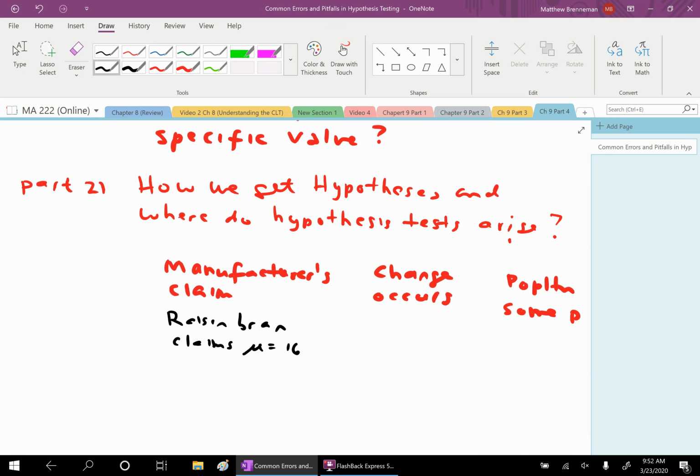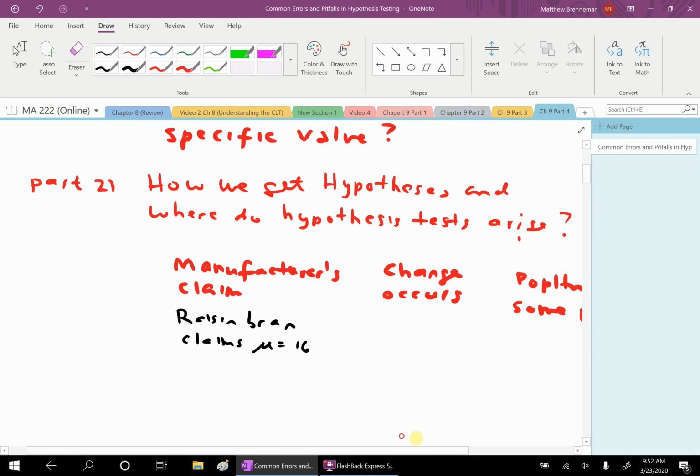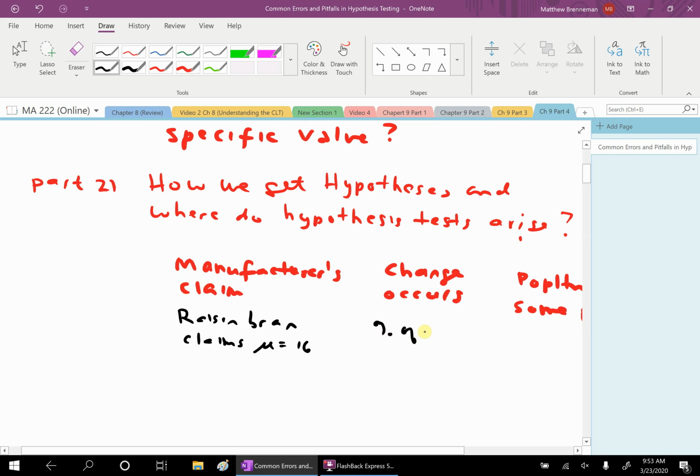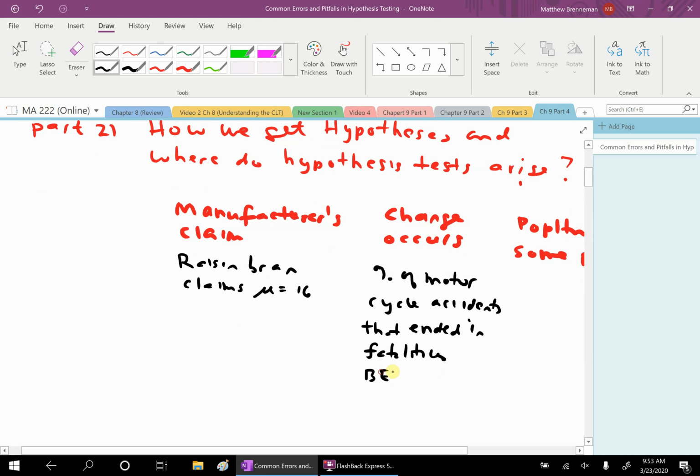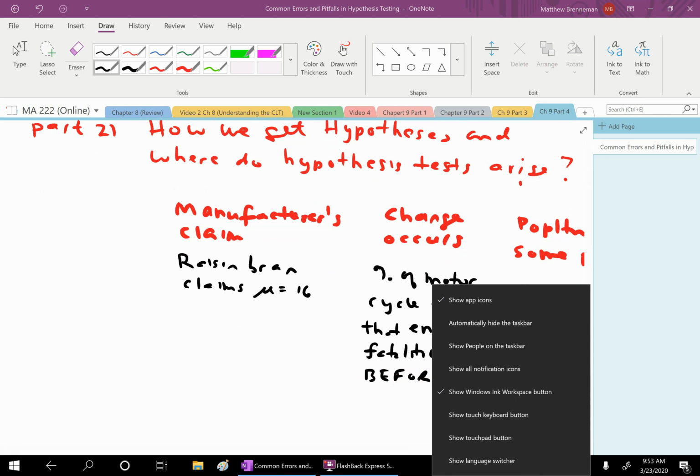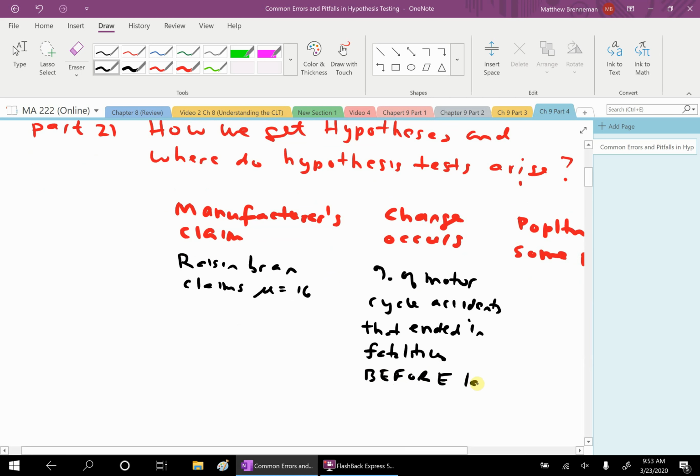So for example, we may know that before a mandatory helmet law is enacted, the fatality rate in motorcycle accidents, so we might say the percentage of motorcycle accidents that ended in fatalities before a mandatory helmet law was enacted was, and I'll just make up a number, say 11%.